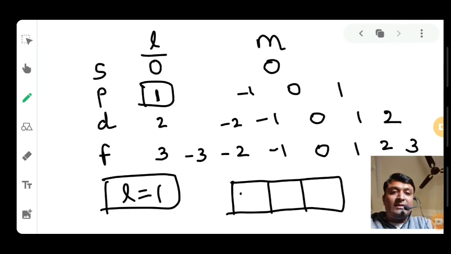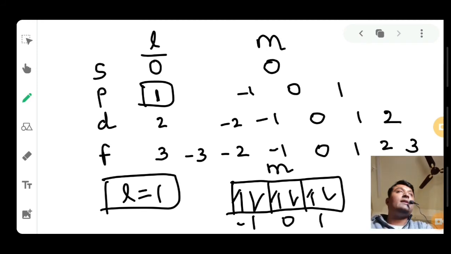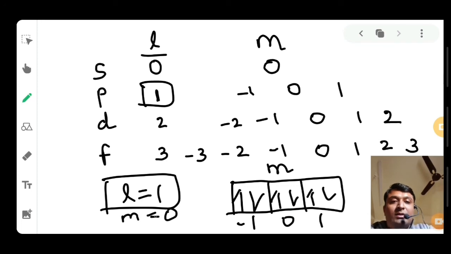So I will just place 6 electrons: 1, 2, 3, 4, 5, 6. For finding the value of m, it can be -1, 0 and 1. Three values are possible, and it can take any of these three values, but according to our option, the value of m will be equal to 0.